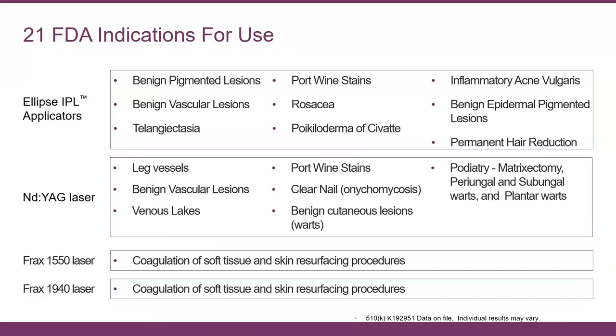So it gives you a very broad range of treatments all within one platform. It's also possible to add on two non-ablative erbium handpieces, a 1550 and our new 1940. These are both used for soft tissue and skin resurfacing procedures, but it's non-ablative, so the healing time is very quick.